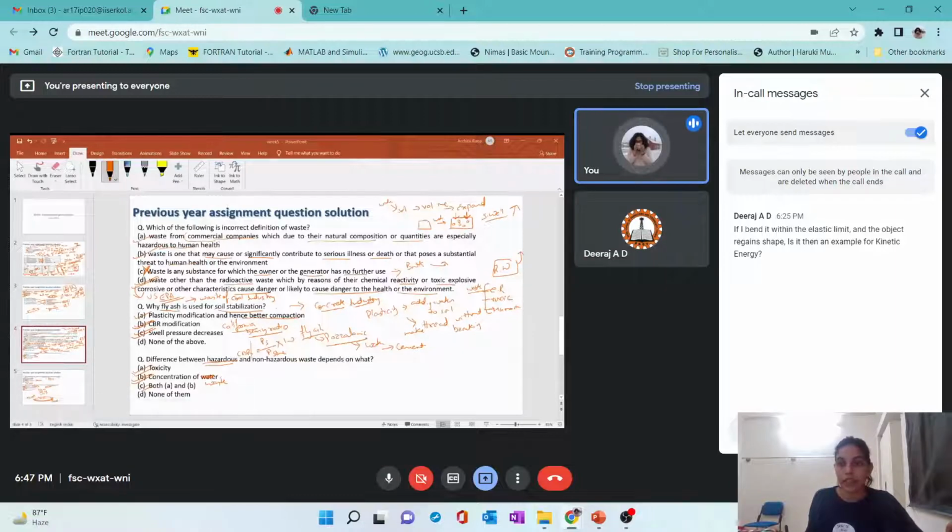Yes. So if I bend it, it's within elastic limit, but over time, if it stays in that position, then it reaches the limit of inelasticity, and when the elastic limit breaks, it will not convert back, and hence it's not a kinetic energy example.